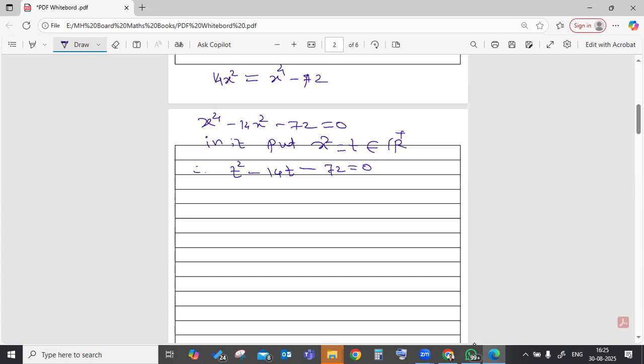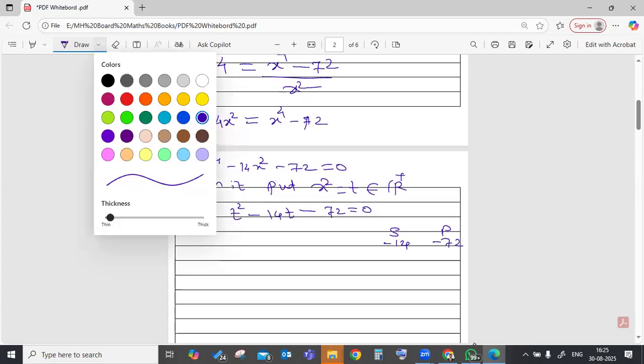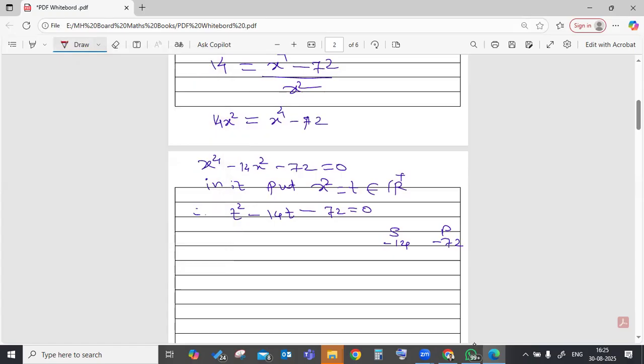Can we easily solve it by factorization? Can we solve it by factorization? Take the middle term as minus 14, product as minus 72. What do we want? Sum as minus 14.